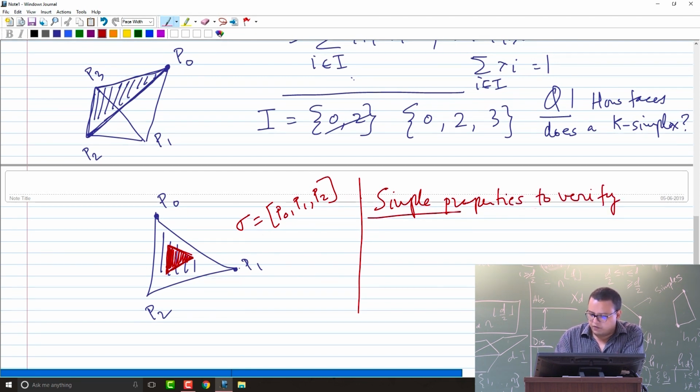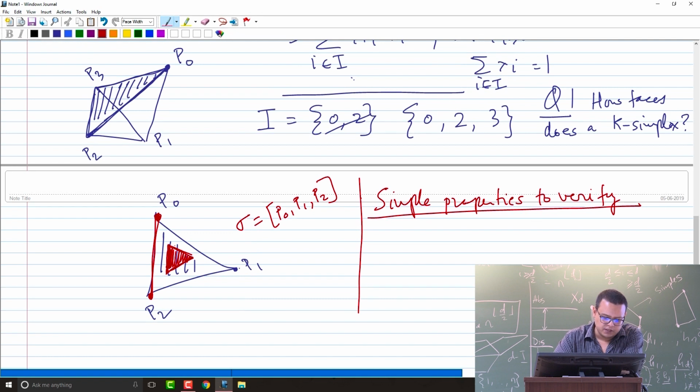Before I do that, let me define. I have defined that the dimension of a simplex will be k, that is, the number of vertices involved in making the simplex minus 1. We are starting with P naught to Pk. What is the dimension of this P naught P2? By the way, P naught P2 is a face of the simplex. Is it itself a simplex also or not? Yes, it is a convex hull of these 2 points.